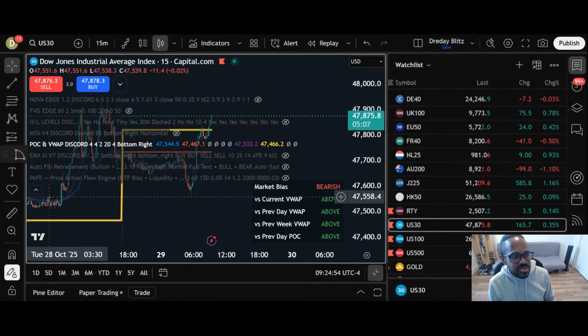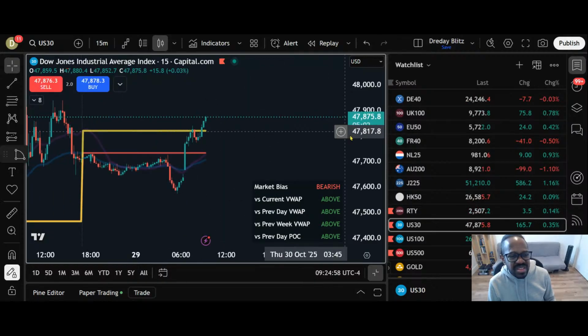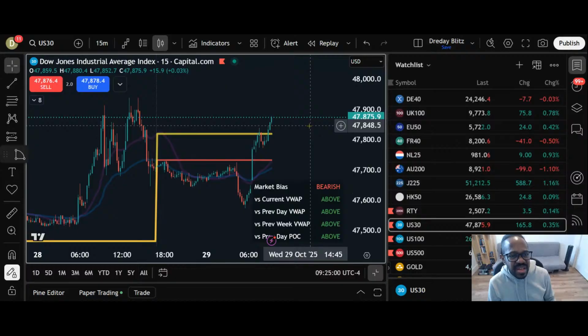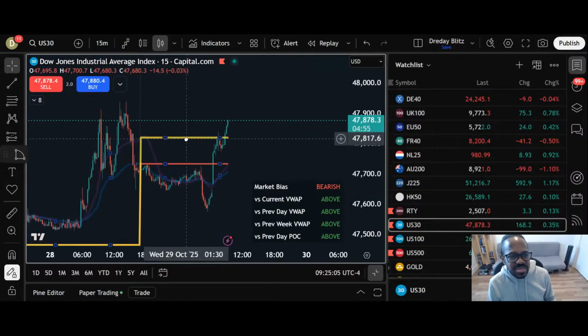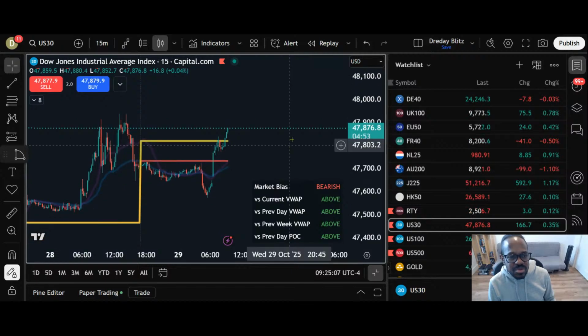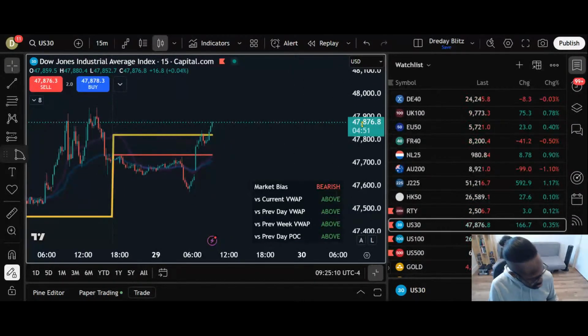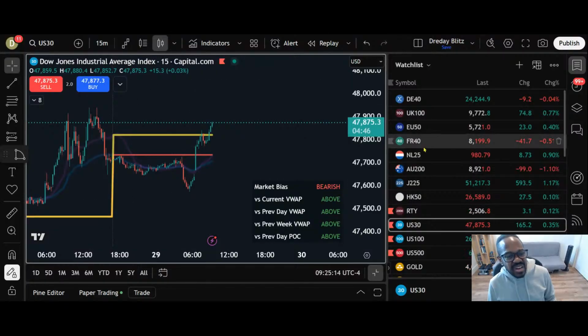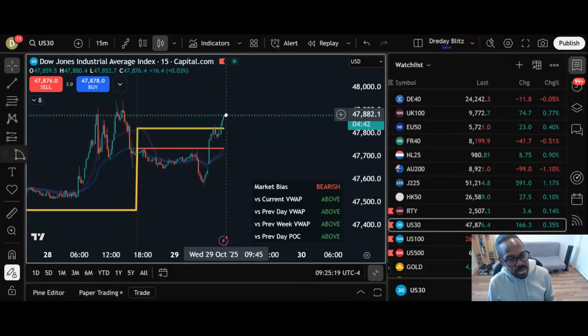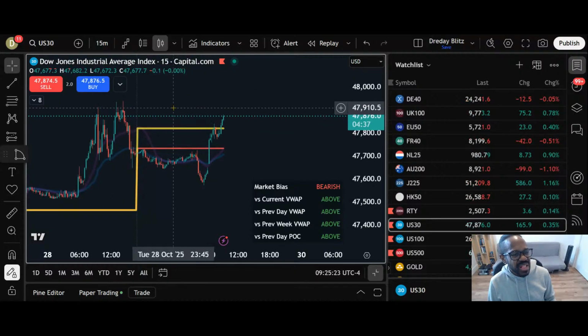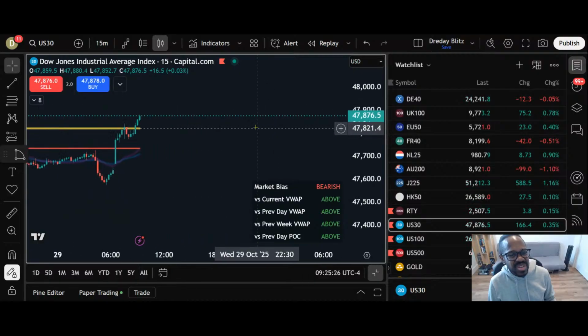Then we have POC and VWAP, point of control and volume weighted average price, which tell you exactly where we're trading off of. Right now, based on what I'm seeing, I should be looking to go lower. We do have some news in less than 30 minutes, especially the NFP. It seems that it's going to be out, based off the TradingView economic calendar, but we'll wait and see.